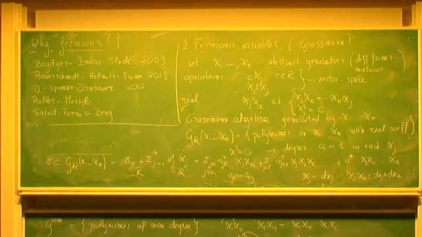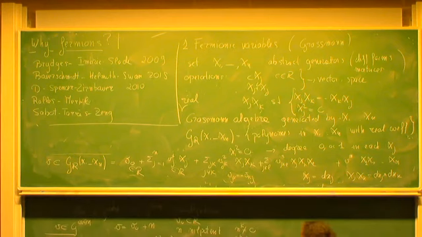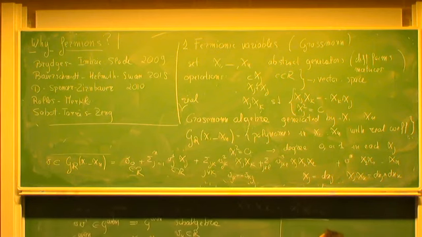So I want to define the integral. I put this in quotation marks because it has nothing to do with the ordinary integral. So I define the integral over a Grassmann variable chi1 as a derivative.